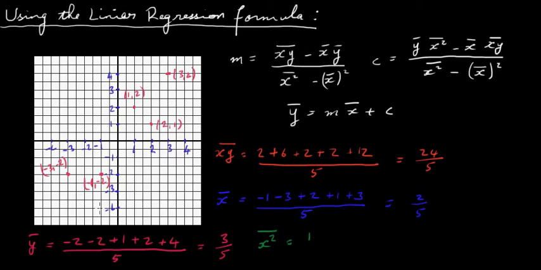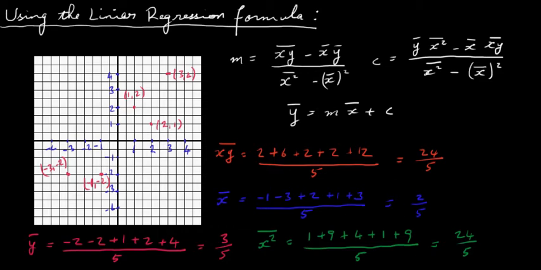We have minus 3 squared, which is plus 9. We have a 2 squared, which is 4. We have a 1 squared, which is 1. And then we have a 3, which we have to square, which will give us 9. Divide that by 5. That will give us 1 plus 9 is 10, plus 4 is 14, plus 1, 15, plus 9, 24. So we have 24 over 5 here.